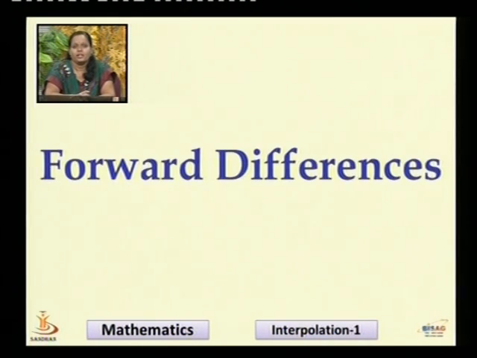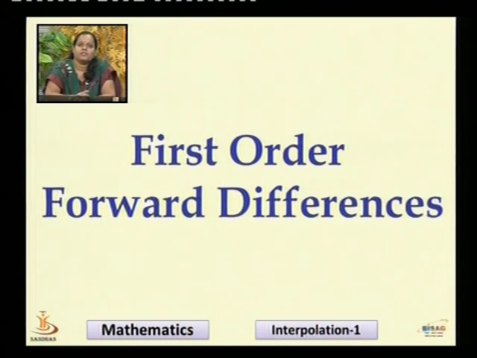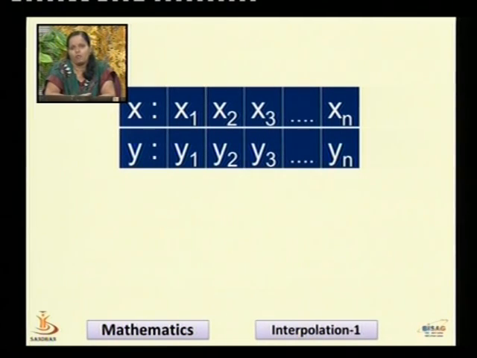So now let us go first to forward differences. Let us understand what are forward differences. For forward differences, we have the first order forward differences, second order, third order, fourth order, and so on. So let's begin with first order forward differences. Now what are those first order forward differences?